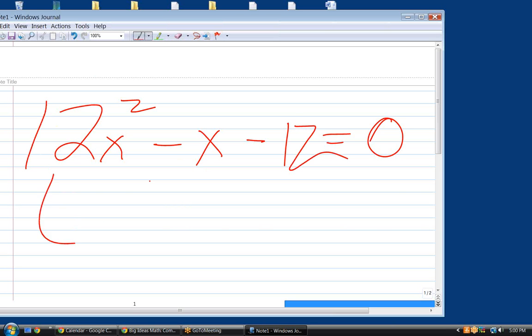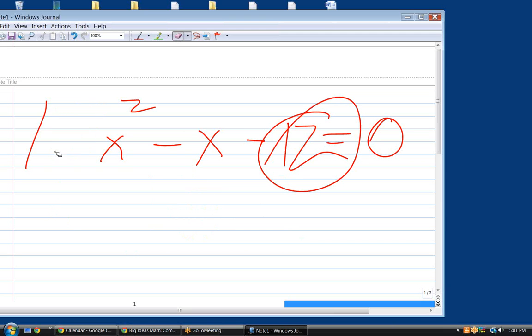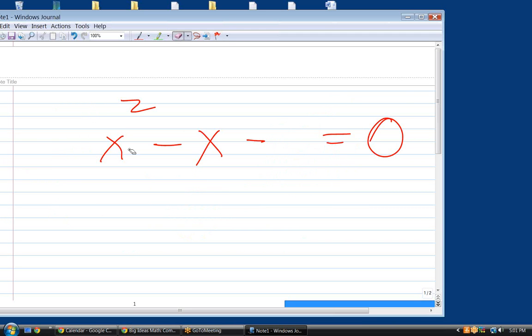There's too many ways to break it up. In other words, if I had a situation like this, well, this could actually be 4x and 3x, or it could be 6x and 2x, and then 12 has all kinds of factors also. So they're not going to give you real difficult problems, but they will eventually give you quadratics that have a number in front of the x squared.